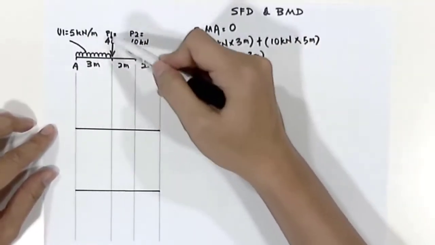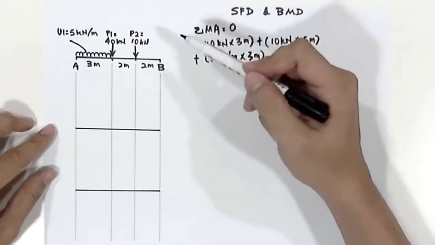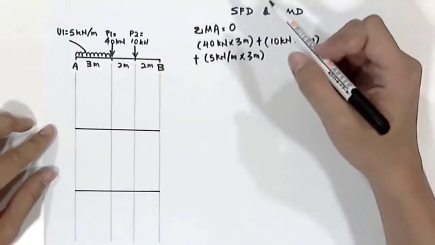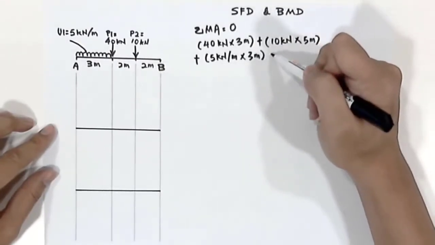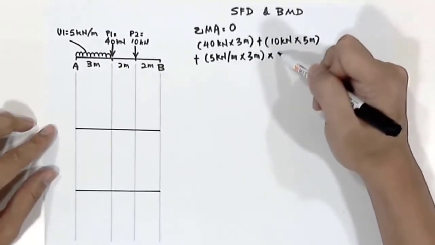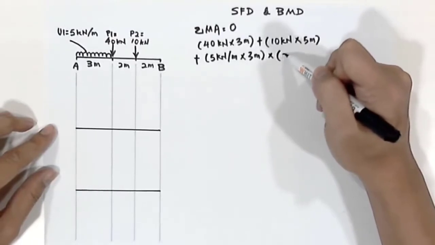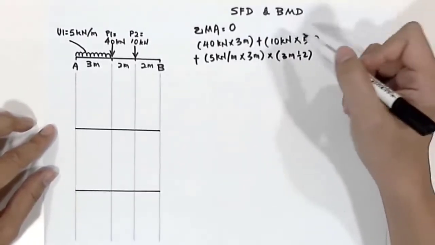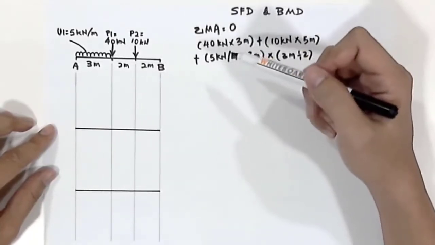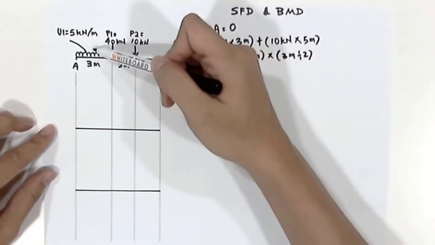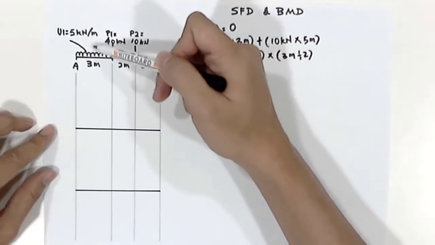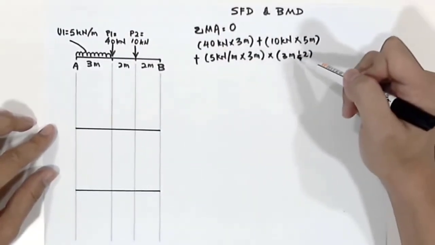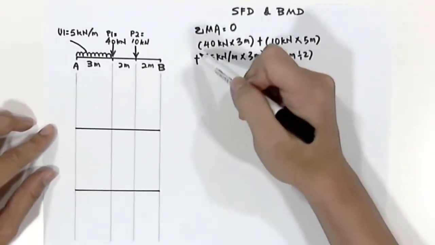This is to get the total load coming from the uniform load 1, U1. Then we have times the new distance, which is 3 meter divided by 2. As you can see, the newly converted uniform load will be acting at the middle of the span. That's why you have to times 3 meter divided by 2.